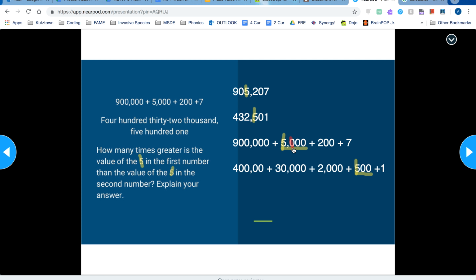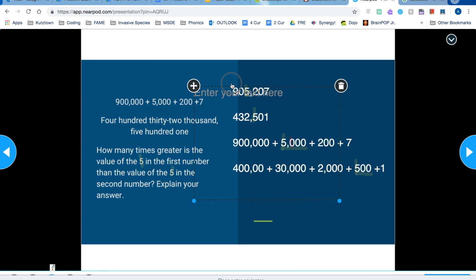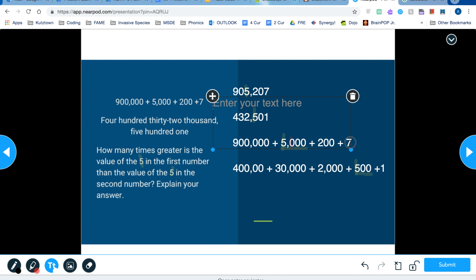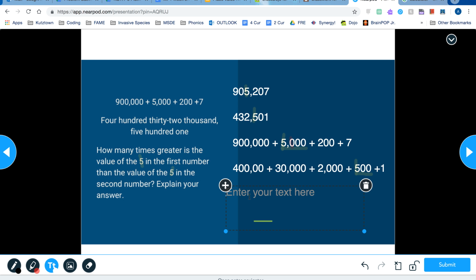There's just one. So if there's just one extra 0, well, let's make this lovely text box smaller. There we go. If I only need to add 1 0, then I'm going to have 500 times what? Times 10 to add a 0, and now I have 5,000.